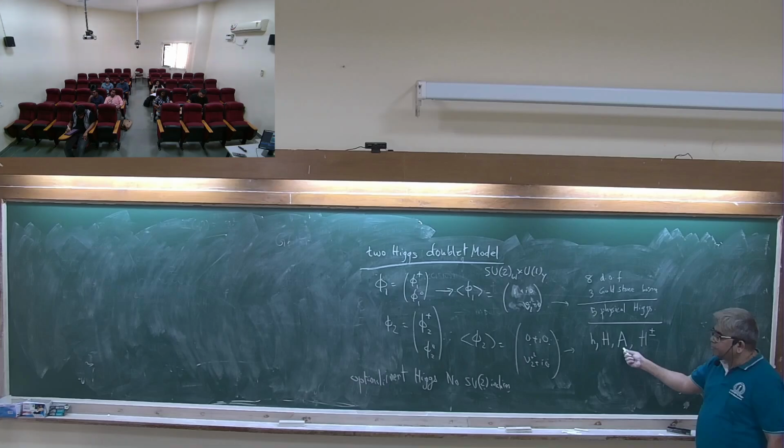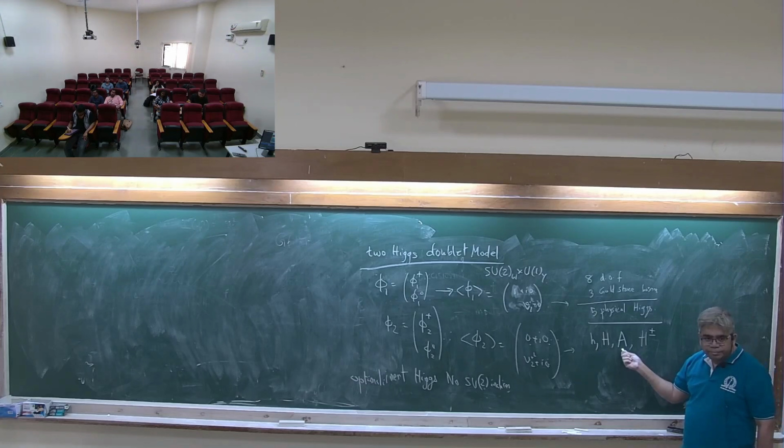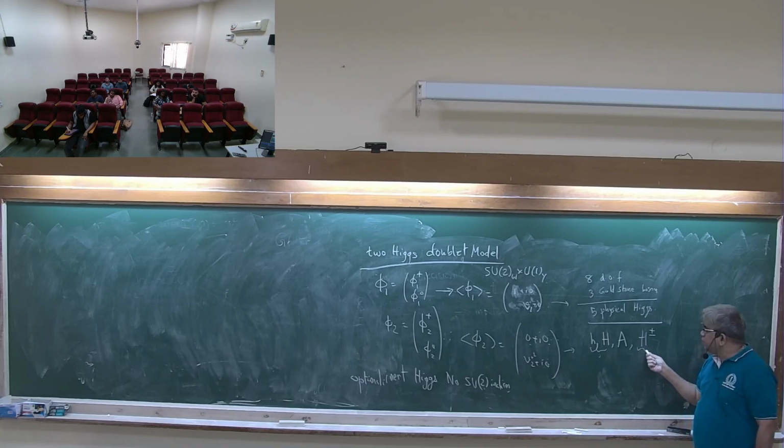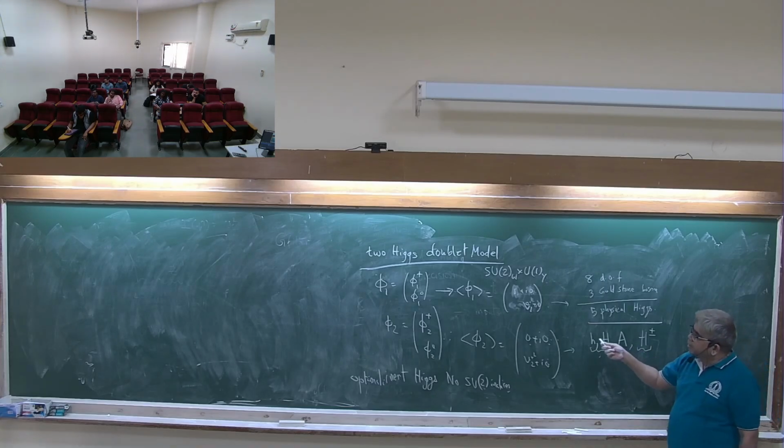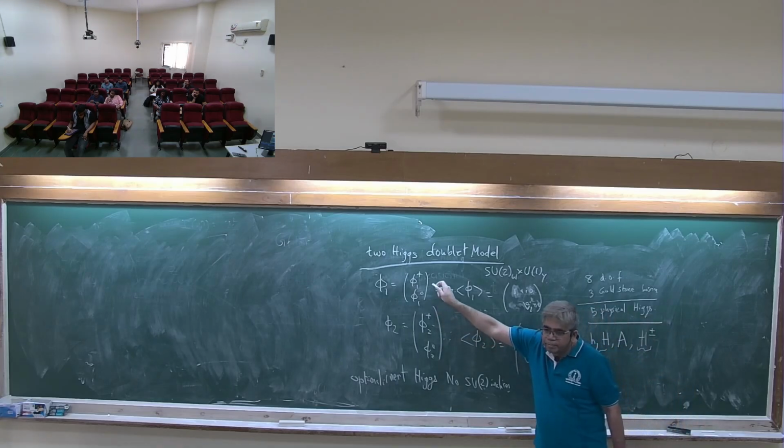So this comes from the imaginary part of the potential. These two come from the neutral CP even part, essentially the real part of the potential, and this comes from the charged Higgs part. Essentially, charged means this part, 5 plus part.